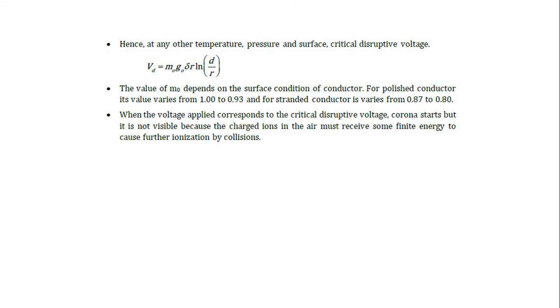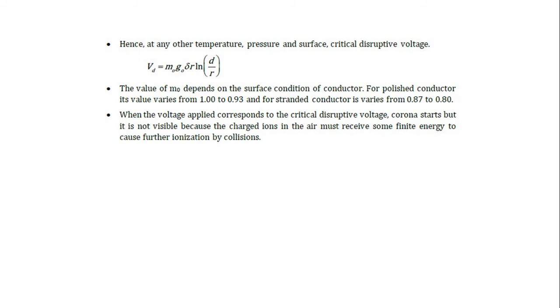The value of M0 depends on the surface condition of the conductor. For a polished conductor, its value varies from 1 to 0.93, and for a stranded conductor, it varies from 0.87 to 0.8.